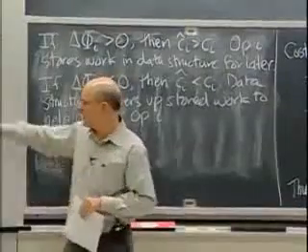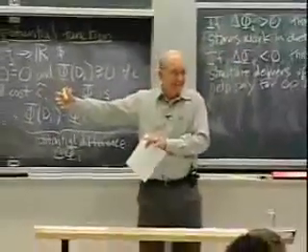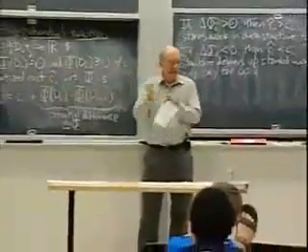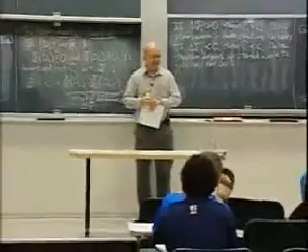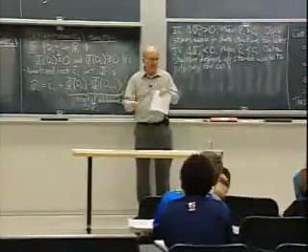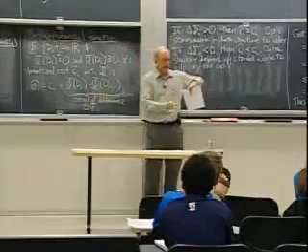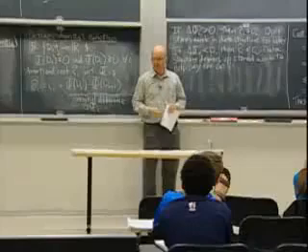In the potential function argument, you're saying, here's what my bank account is all the time. Now let me analyze what the amortized costs are. So that's the difference in approaches. One, you're specifying the bank account. The other, you're specifying the amortized costs.